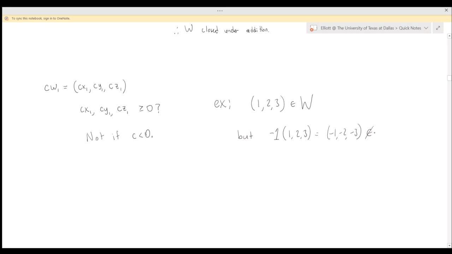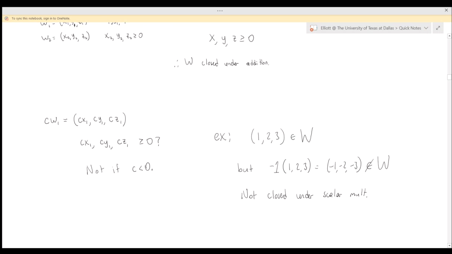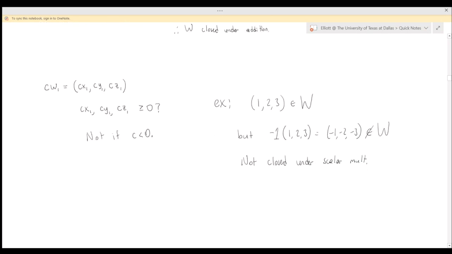That means it's no longer inside of W. So you can see it's not closed under scalar multiplication. Even though it was closed under addition, it's not closed under scalar multiplication, and so ultimately it's still not going to be a subspace, okay?